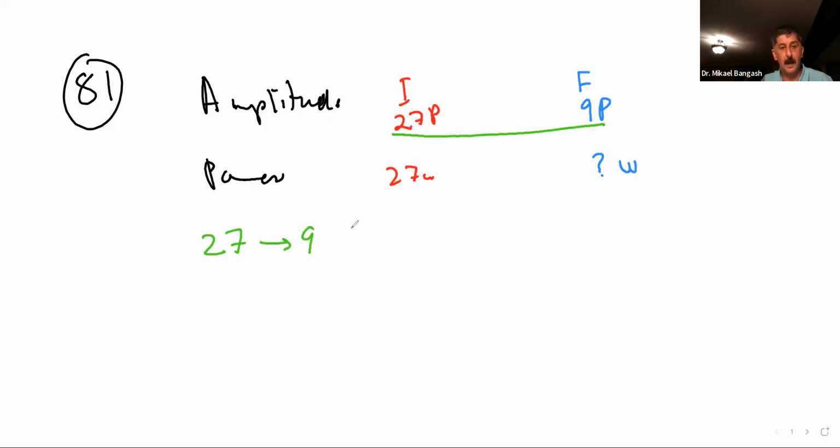Your final amplitude is 1/3 of the initial amplitude. Did that make sense?